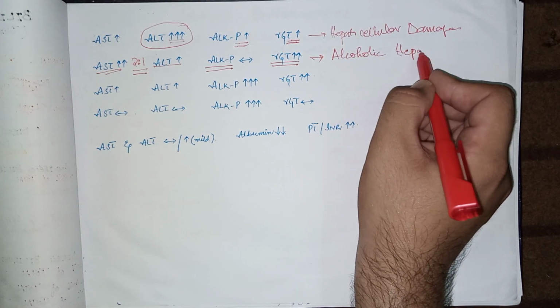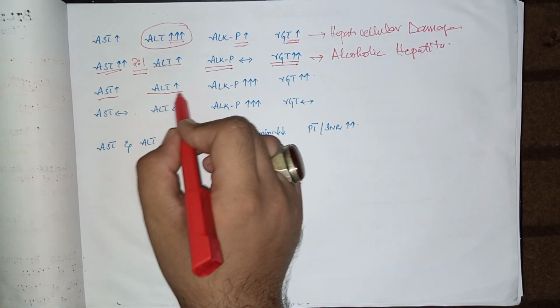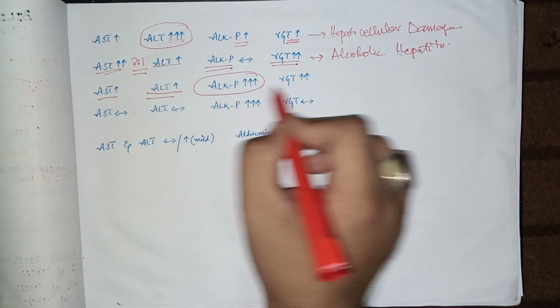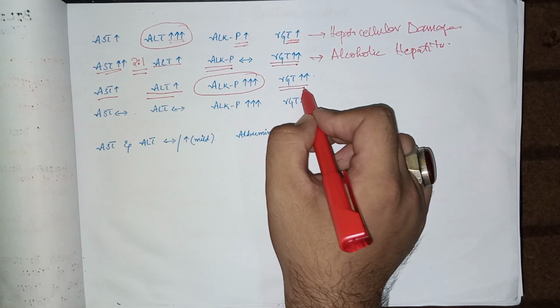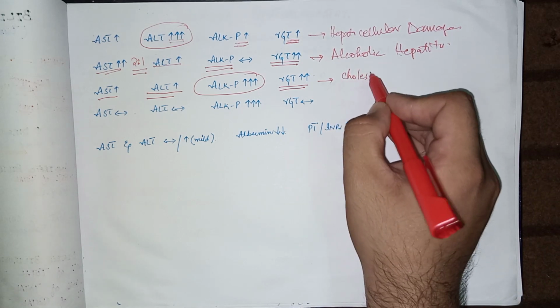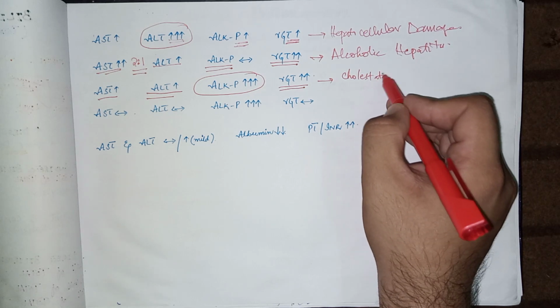hepatitis of alcoholic origin. Now if the AST levels are high and ALT levels are also high, but alkaline phosphatase levels are markedly elevated and gamma GT levels are also high, it indicates a cholestatic pattern, meaning lack of bile flow or post-hepatic jaundice.